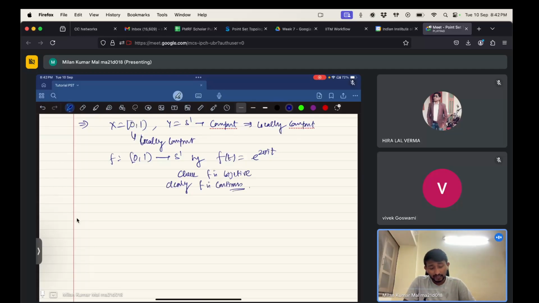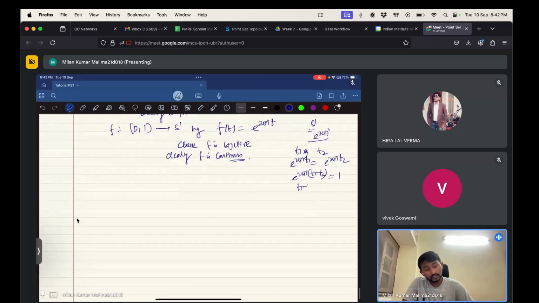That is not a big deal. For surjectivity, any point in S1 will be something like e to the power 2 pi i t, so I will get the t from 0 to 1. For injectivity, take two points t1 and t2, then e to the power 2 pi i t1 equals e to the power 2 pi i t2. Then e to the power 2 pi i (t1 minus t2) equals 1.